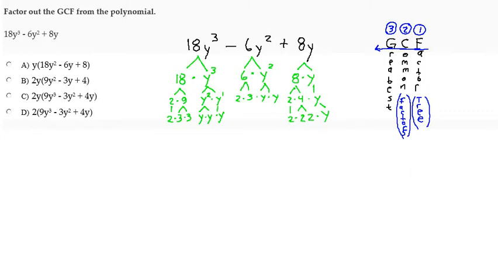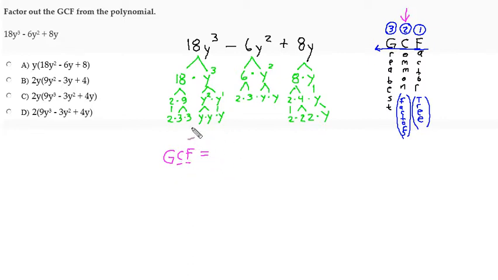The next thing we're going to do now that we've completed the factor trees is identify the factors that are in common. Here comes this step. We're looking for common factors. Now in this case, we are ready to declare what the components inside the GCF are, because the CF in GCF stands for common factors.